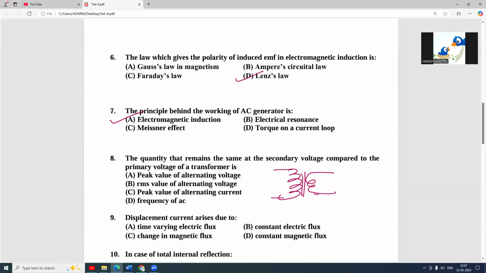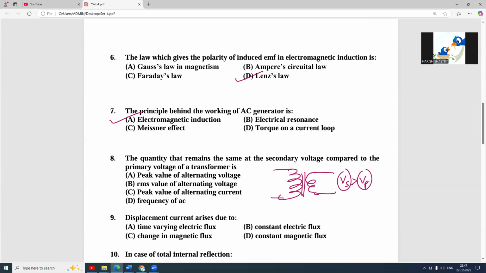Suppose it's a step-up transformer, the secondary voltage is greater than the primary voltage, in terms of peak value and RMS value both. So the RMS value at the secondary will be greater than the RMS value at the primary.